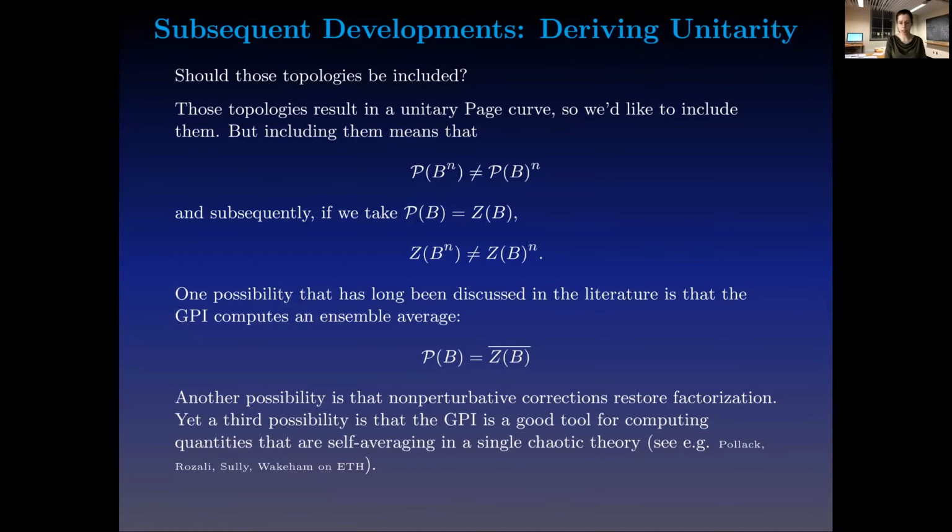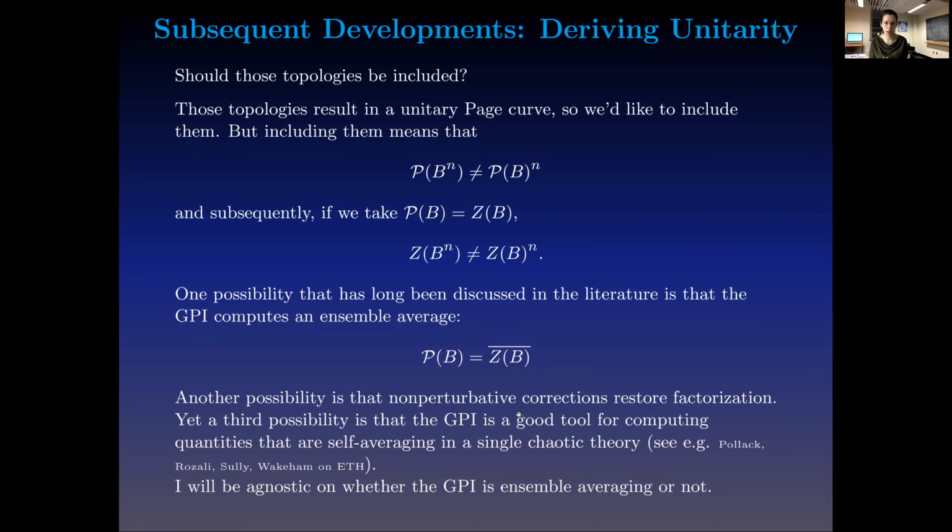So there are a number of different possibilities that can explain what this calculation is really doing and what this thing really is. Now, I am actually going to be agnostic about whether this is ensemble averaging or what else it is doing. My interest in this talk is primarily to understand what the implications are of including replica wormholes in the gravitational path integral, rather than trying to explain what this quantity actually is.